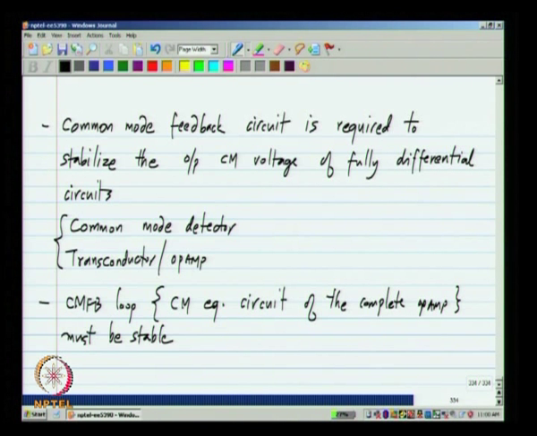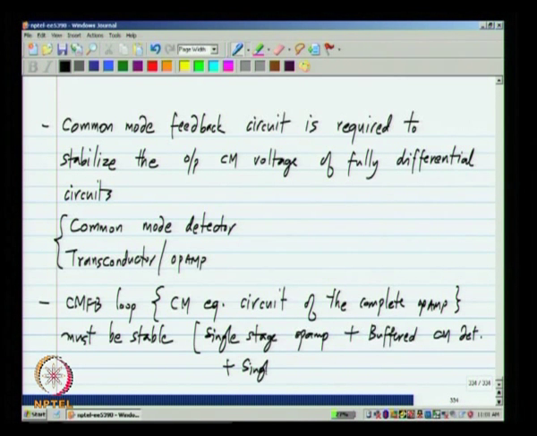Now, for the particular case that we considered, and this is a fairly typical case, single stage op amp plus a buffered CM detector plus a single stage, single ended transconductor for CMFB.